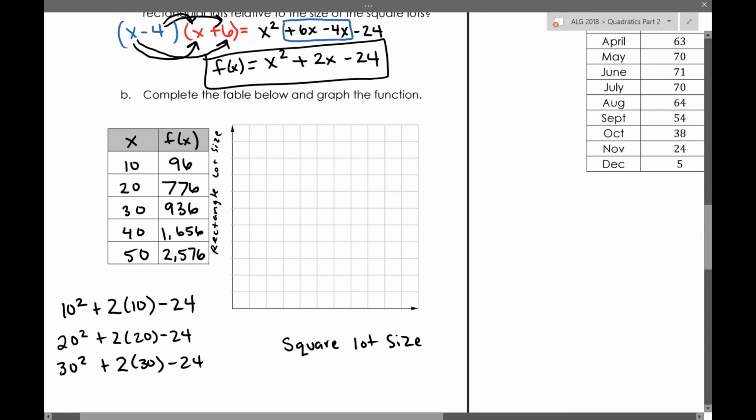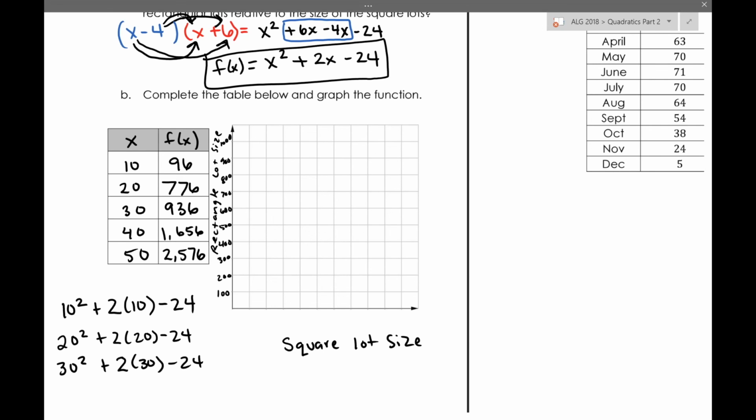Okay, now these numbers are really big, so let's go up by 100s and we'll go from there. So I have 100 here, 200, 300, 400, 500, 600, 700, 800, 900, and 1,000. Okay, I know our numbers go above 1,000, and that's fine, but at least we can get the angle of this.